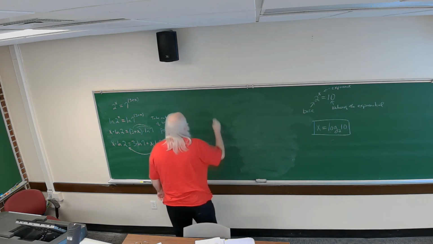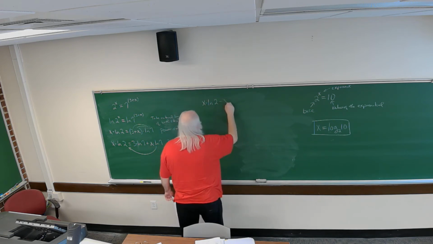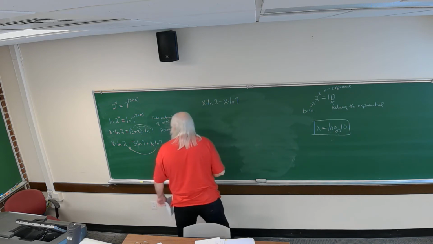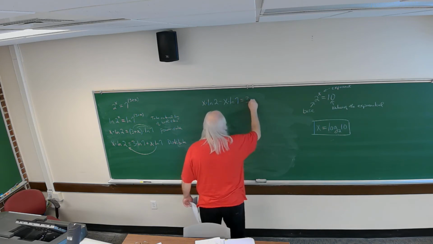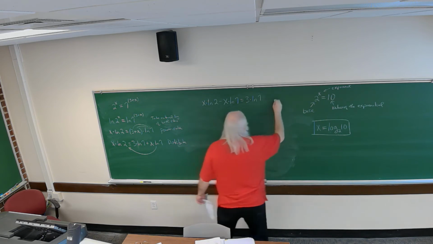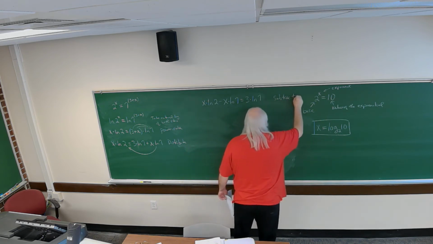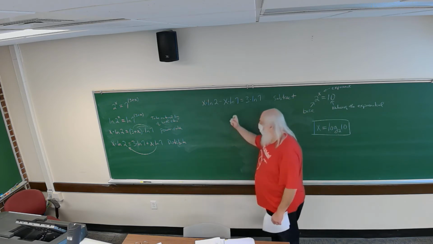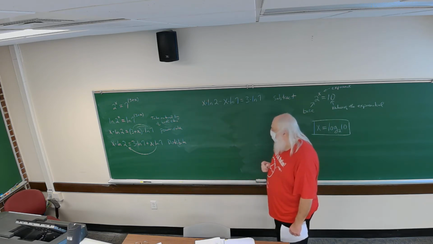And so when we do that, we have x times the natural log of 2 minus x times the natural log of 7 is equal to 3 times the natural log of 7. So what we did in this case was subtract x times the natural log of 7 from both sides.